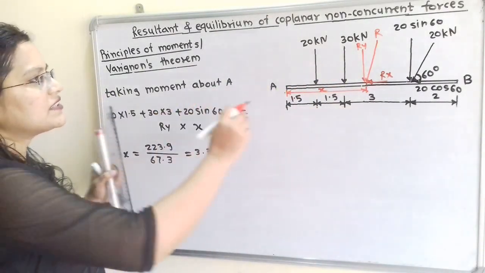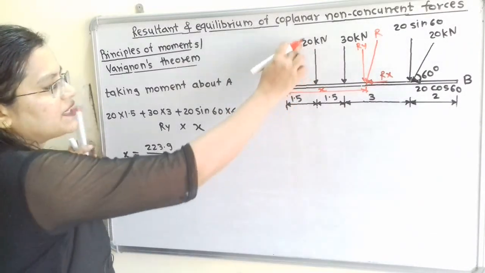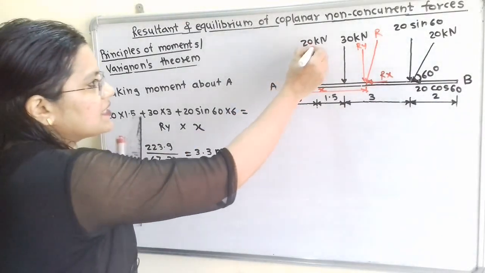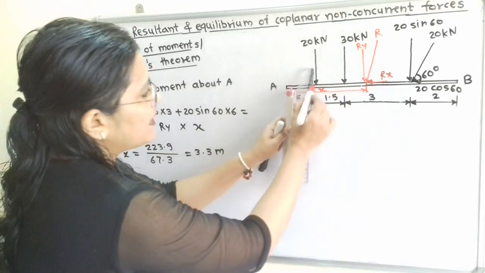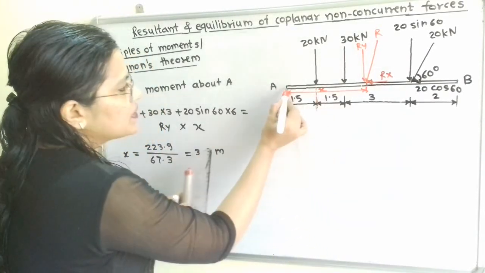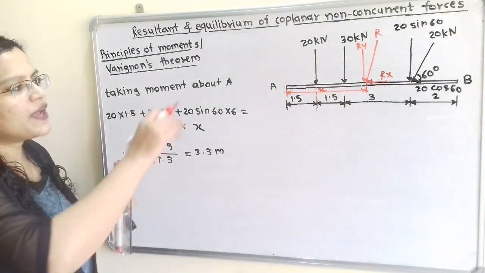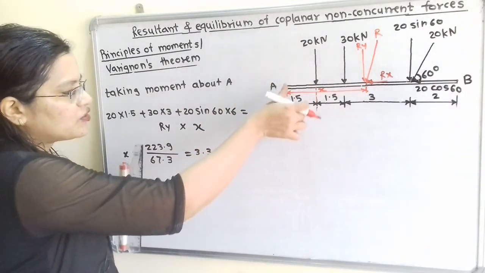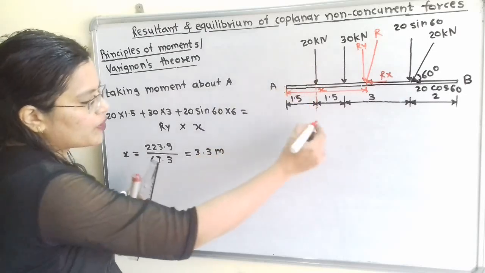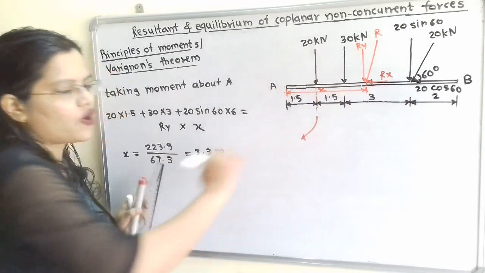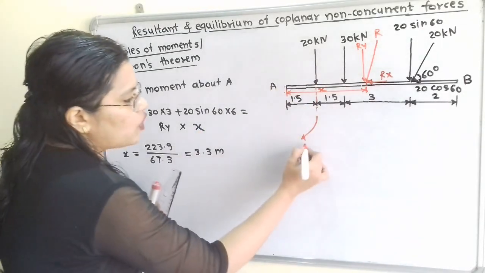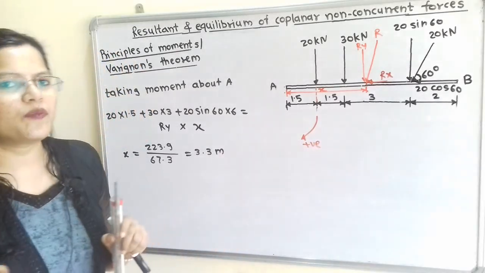Now if I consider the moment of this first force 20 kilonewton, then here is the line of action of the force. So if I extend this, then from this A the perpendicular distance is 1.5. Now if I move the compass in the downward direction about point A, then this is the clockwise direction, and for this clockwise direction we will consider positive sign.